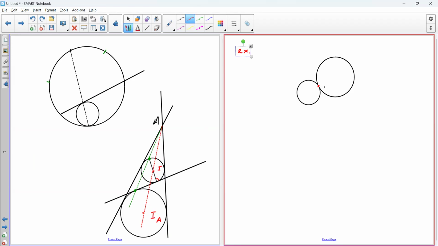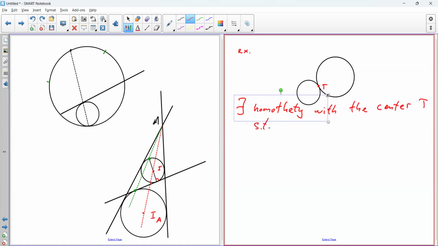There is a homothety with the center T. There exists a homothety with the center T such that it sends omega 1 to omega 2, where omega 1 and omega 2 externally touch each other.